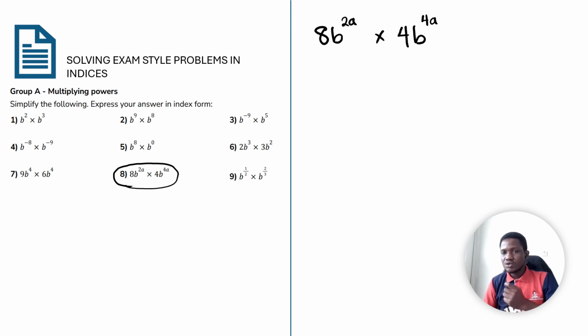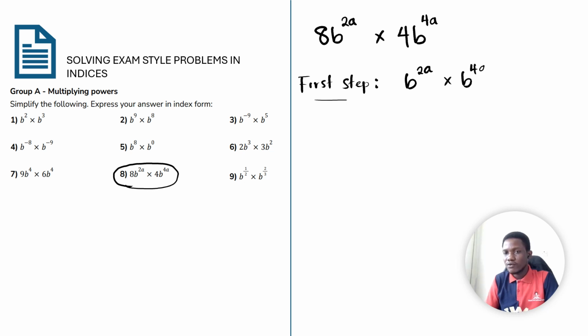Okay, so first thing you want to do is focus on the index number. So first step, we have b to the power of 2a multiplying another b to the power of 4a. Okay, so what law do we use here? We just use the multiplying law. By multiplication, we are simply going to add the indices.